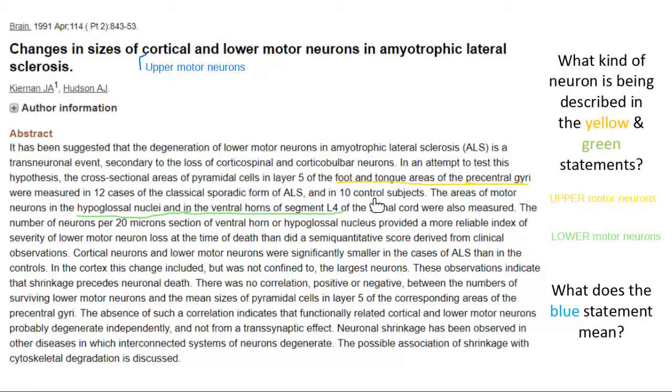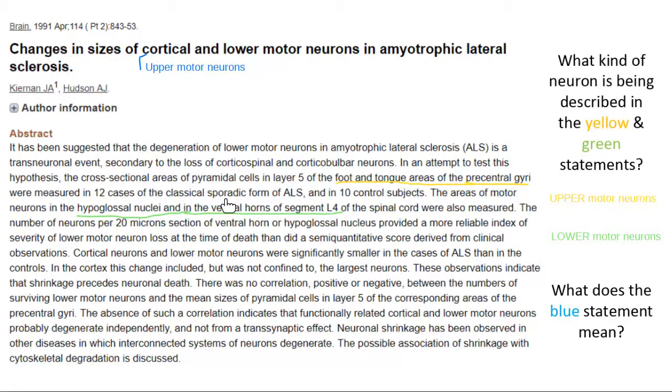One of the words that we understand most of the time from our Creutzfeldt-Jakob's disease discussion is sporadic ALS. Does anyone remember what that sporadic word meant when we were talking about human mad cow disease, Creutzfeldt-Jakob's? Yeah, so sporadic, no known cause.